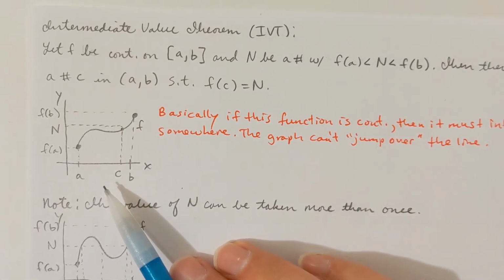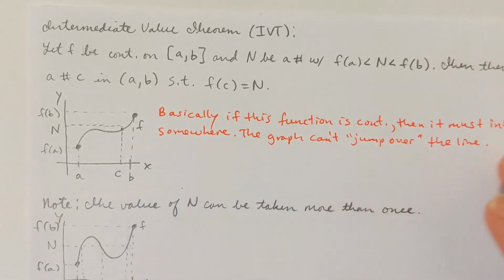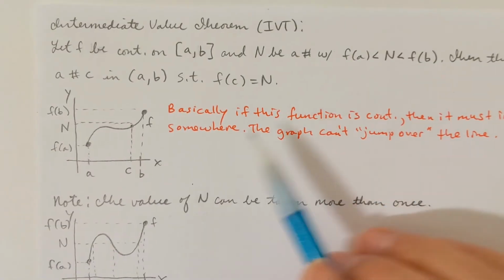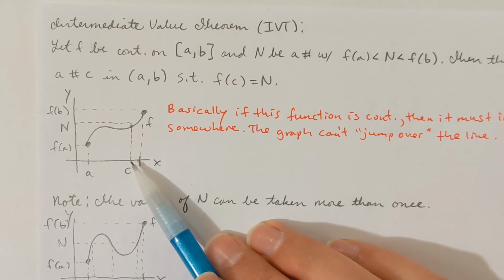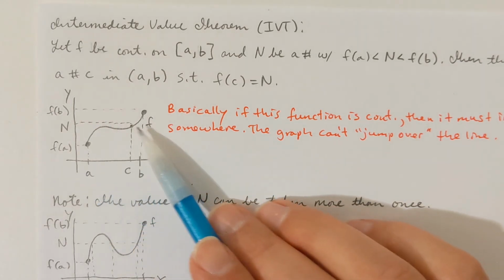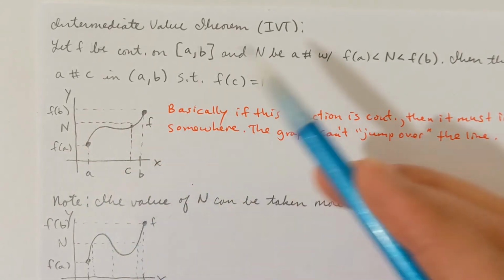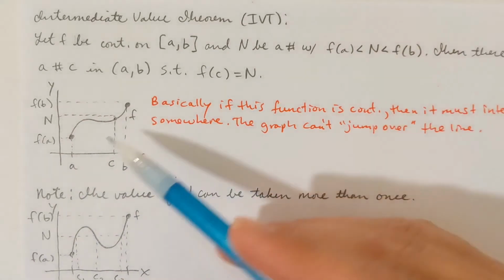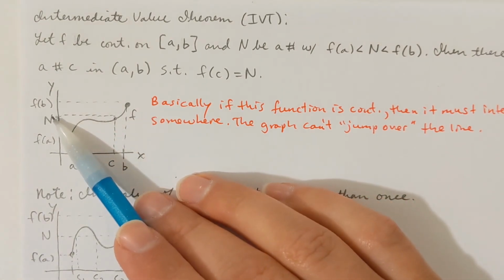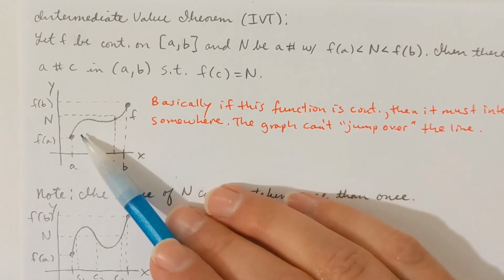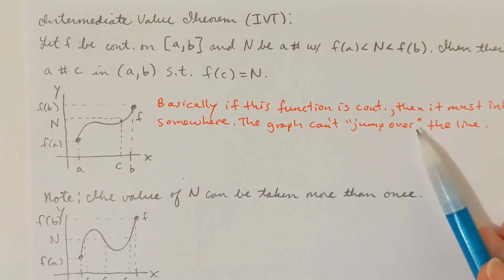As long as the function is continuous on this closed interval, then there exists a number c between a and b such that f of c is equal to n. y equals n would be a horizontal line between f of a and f of b. So if you start at a, f of a and go to b, f of b, at some point you're going to have to cross this horizontal line. You can't jump over the line, otherwise it's not going to be continuous.